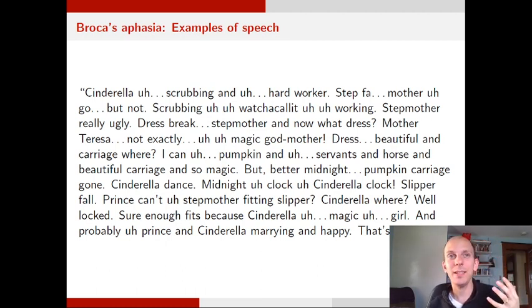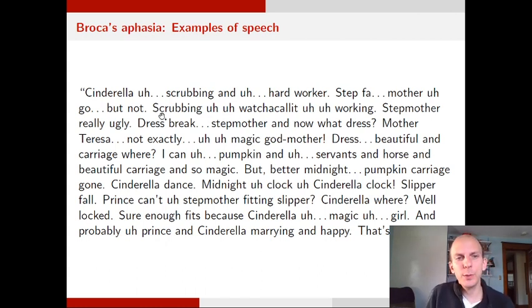Their trouble instead is with the actual production. To tell the story is difficult. That production, just like Broca said originally, is really hard here. We see the person working through this and struggling through this. There are some things that are hard here for Broca's aphasia, including word recall. Word recall seems to be kind of tough.